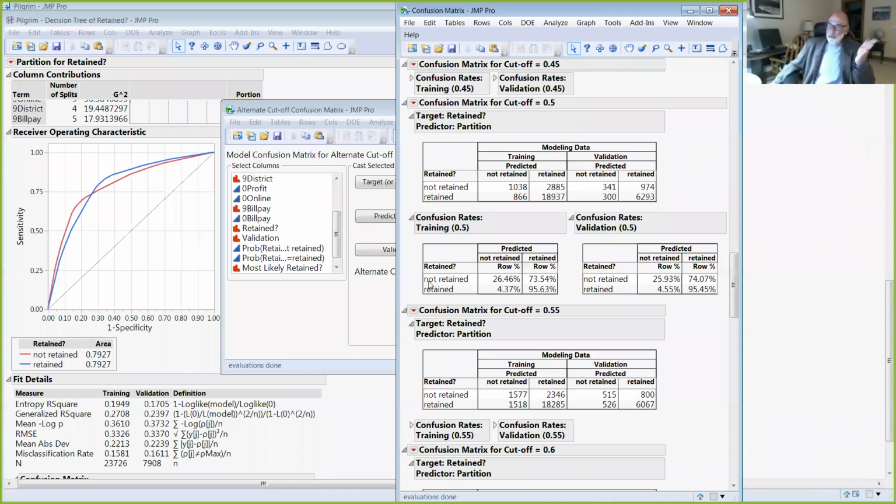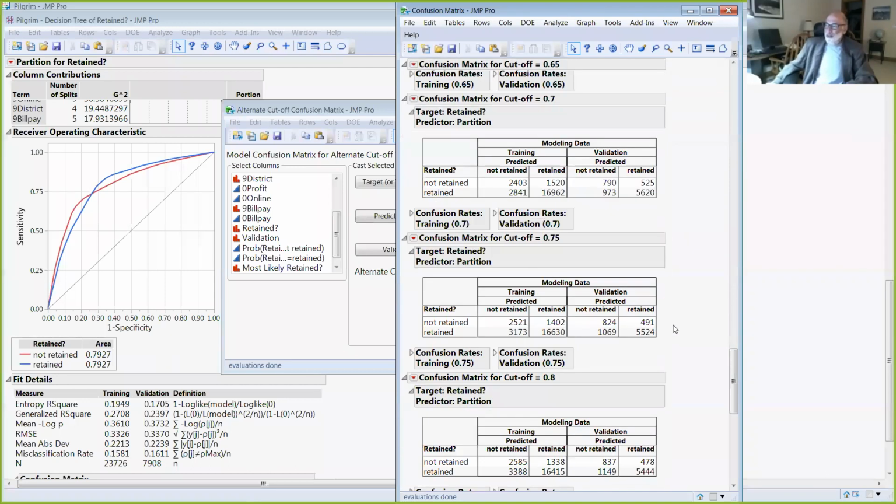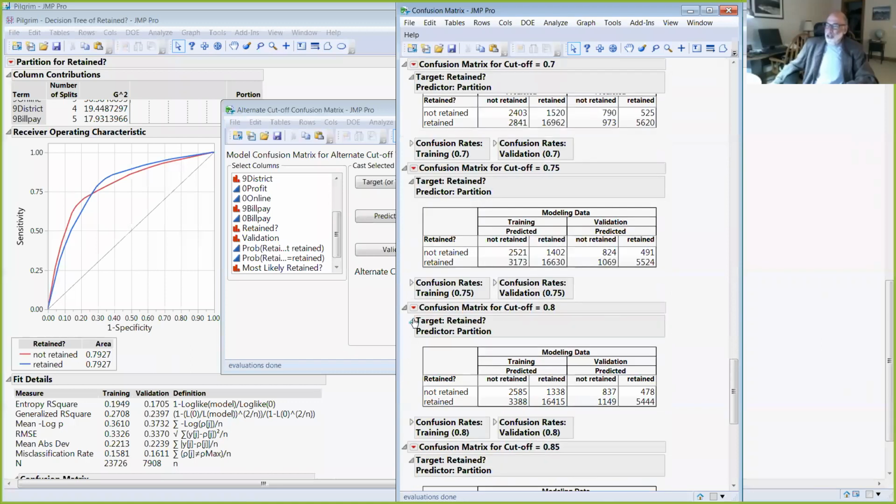Of the customers actually not retained, three-quarters of them we thought we would retain. And it's similar numbers here on the validation set. We're making the wrong kind of error here. We would rather shift most of those people down to the bottom left corner from the top right. So let's go down. Let's suppose we did something like 80%.